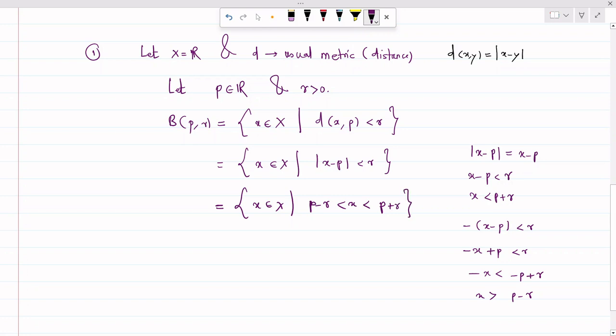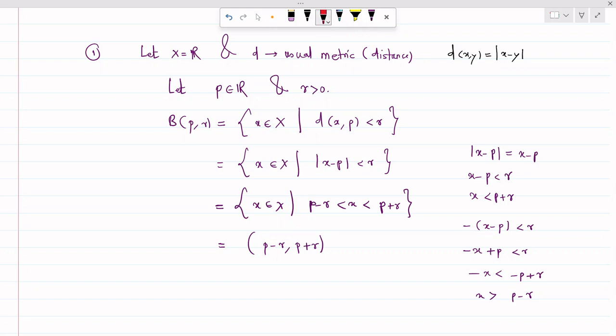And since we are on the real line, this definitely reflects an interval from p minus r to p plus r. So in case of real numbers, open balls look like intervals in the usual metric.